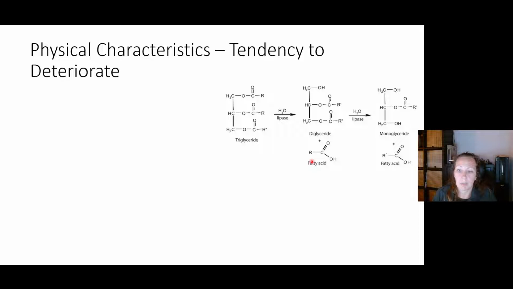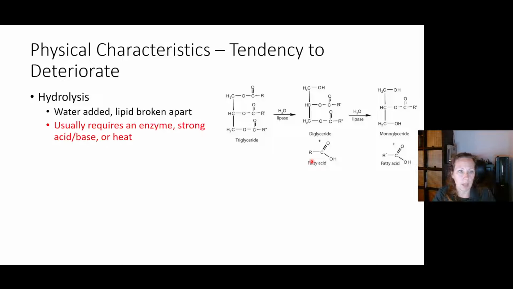We usually need something else to happen. Okay, usually an enzyme, heat, acids, bases, etc. Okay, so water is added, lipid is broken apart, usually requires an enzyme, a strong acid or a base, or heat for it to occur. It doesn't just occur willy-nilly. And you'll see why in a second.